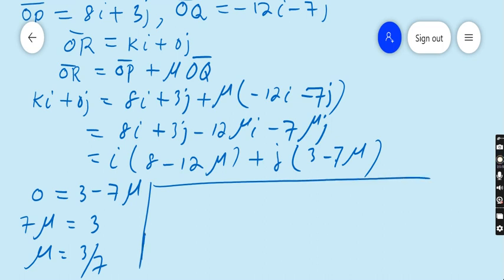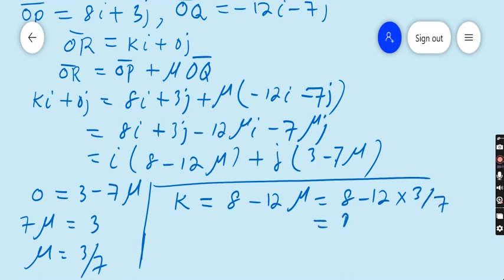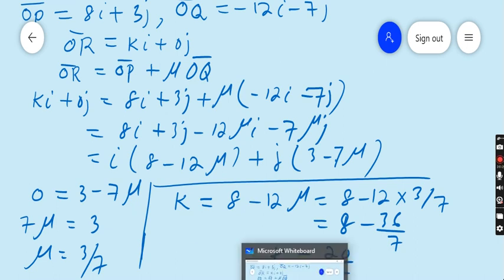On left hand side the coefficient of i is k and on right hand side the coefficient of i is 8 minus 12 mu. 8 minus 12 times 3 upon 7, that is 8 minus 36 upon 7. 8 sevens are 56, 56 minus 36 is 20, so it is 20 upon 7.